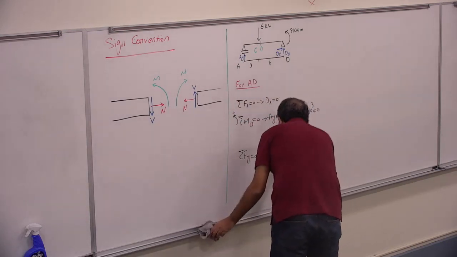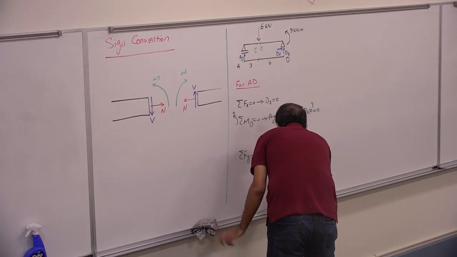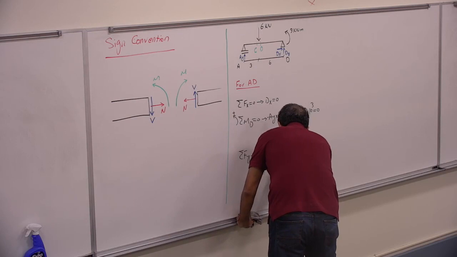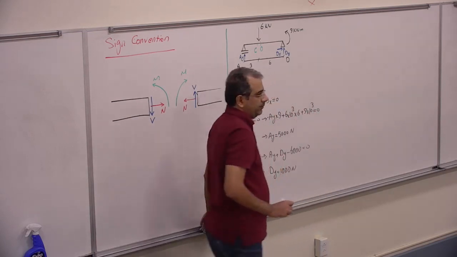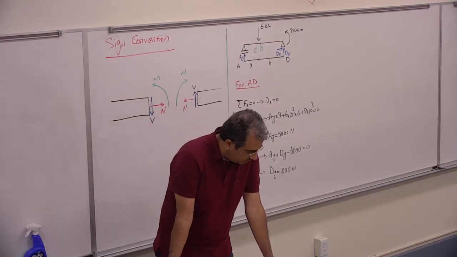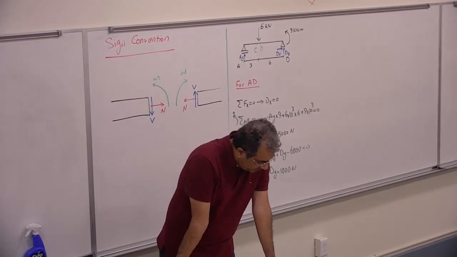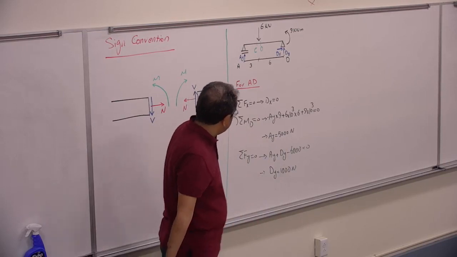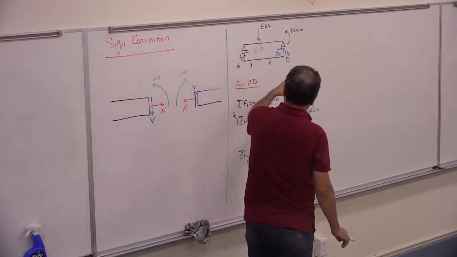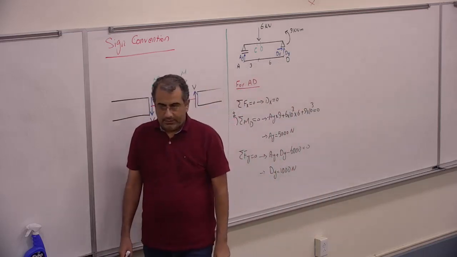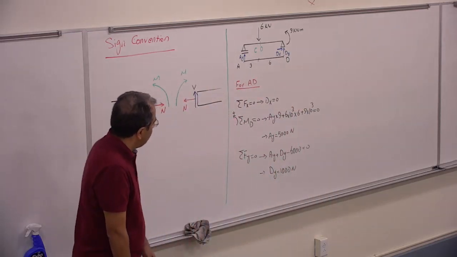If I go over here, that's it. 6,000 down, 5,000 up here, so this should be 1,000. So these are the reactions of the support.